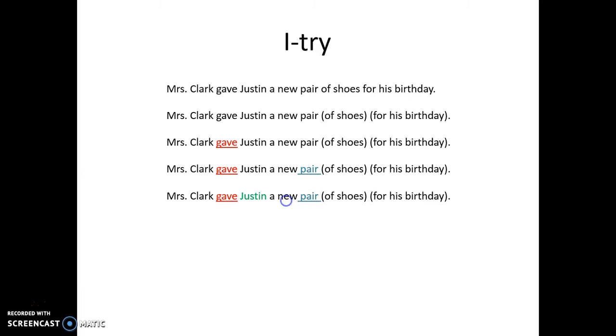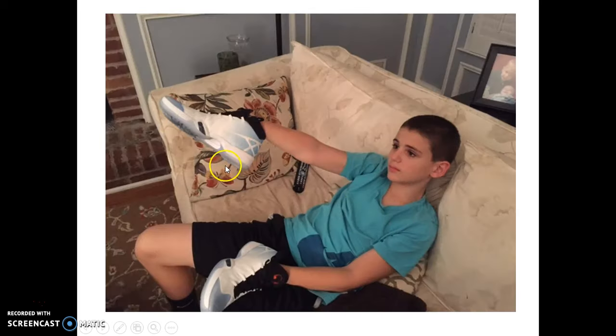To whom were they given? Justin. Justin got the new pair of shoes for his birthday. So you've got your verb, your direct object, and your indirect object. Your direct object will always be after your verb, and your indirect object will always be between your verb and your direct object. I promise, always. And there is a picture of Justin. And there's his cool new shoes. Let's hope they make him play a great game of basketball.